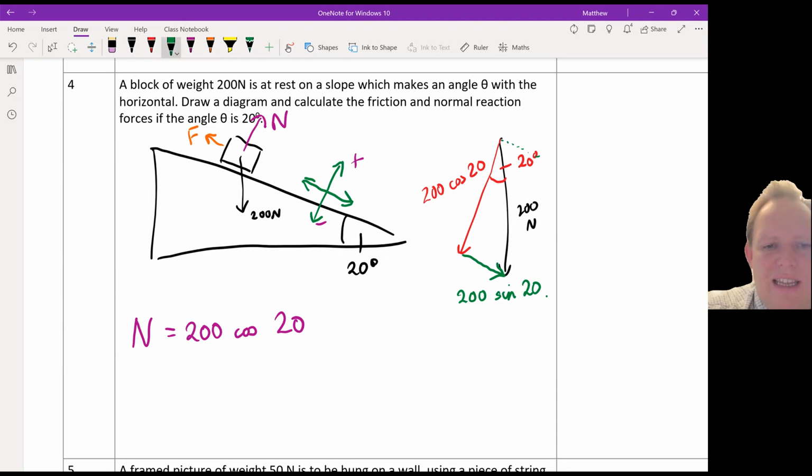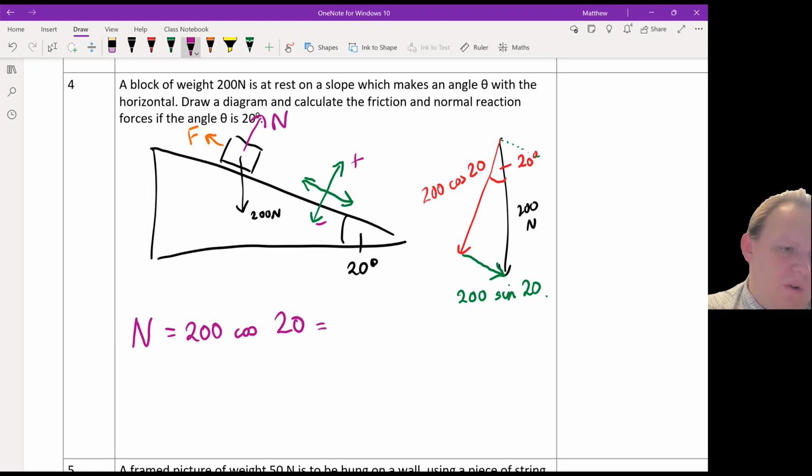So when it's written like this, it's slightly unclear as to whether we're using vector notation or standard scalar notation. So here we're effectively using scalar notation to find the size of N rather than the vector magnitude of N. Of course, the two are the same in this particular case.